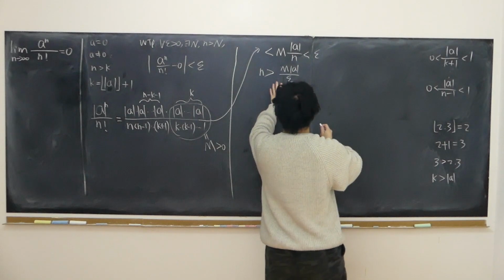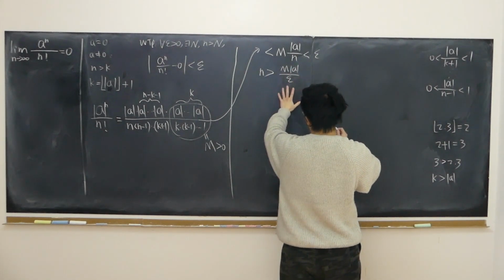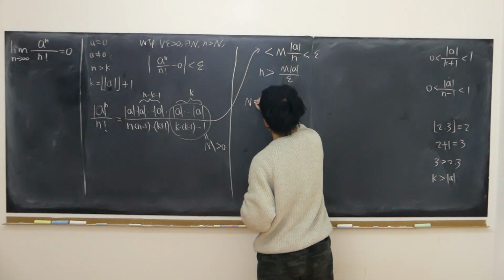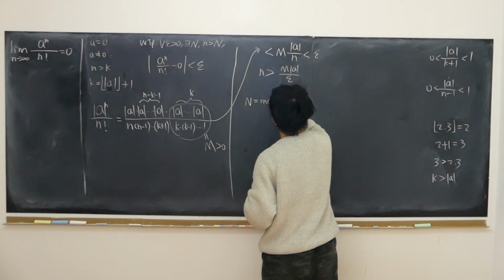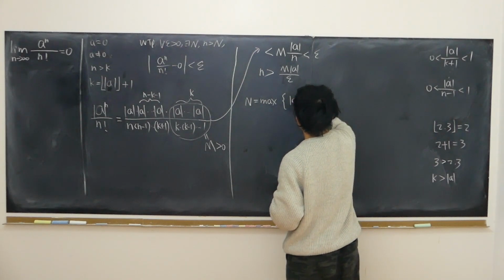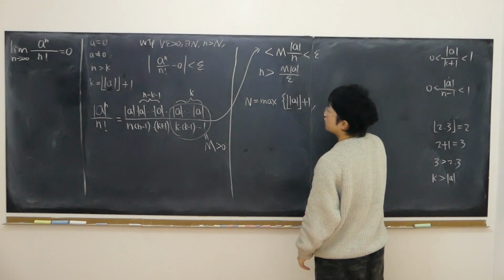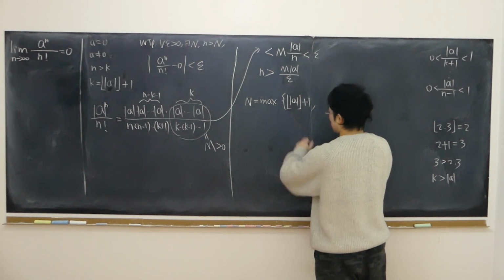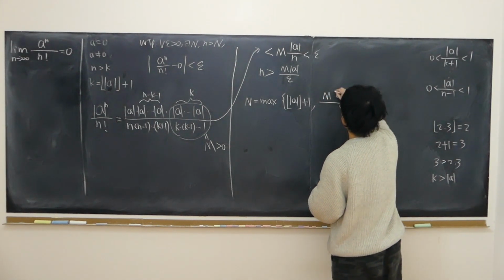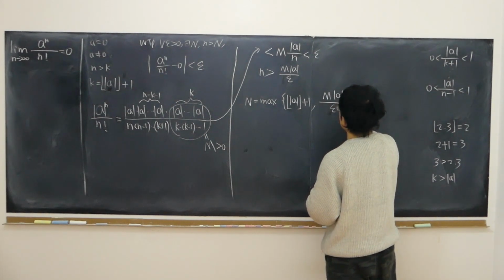And of course, at the same time, larger than that value. So all in all, I've really found my capital N that is the maximum of absolute value of A, floor, plus 1. That is my K, right? And also M times absolute value of A over epsilon, right?